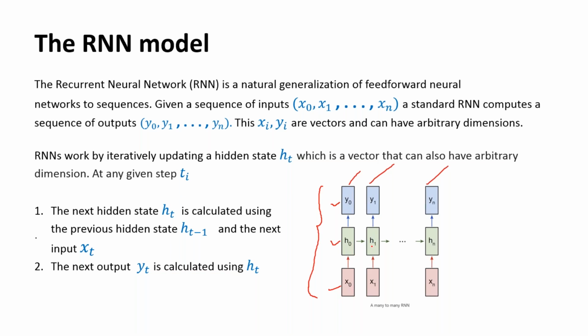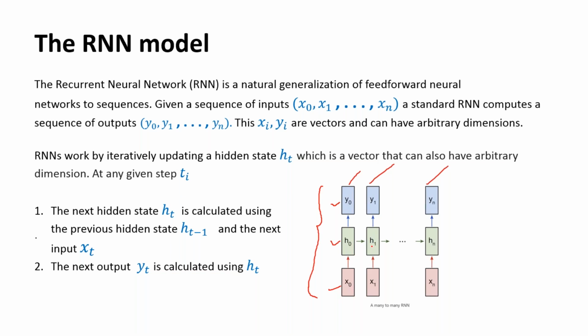So the inputs are given based on the states, and the next output is calculated based on the ht here, right? Ht is the hidden state, that is the next state of the previous state, right?